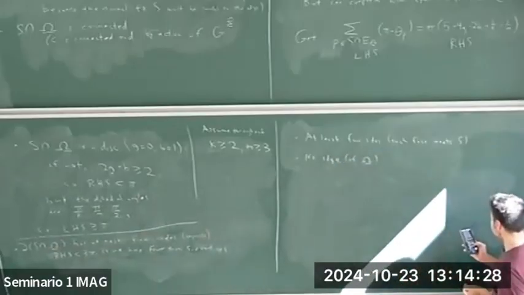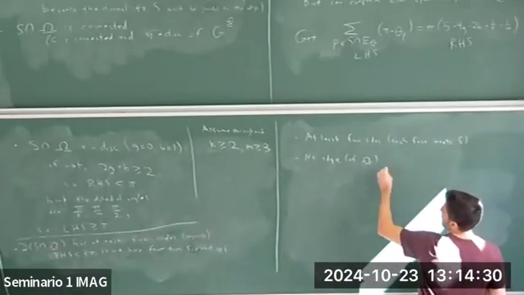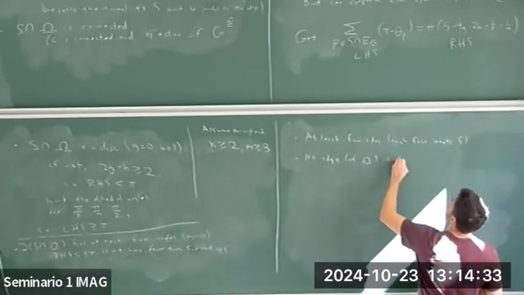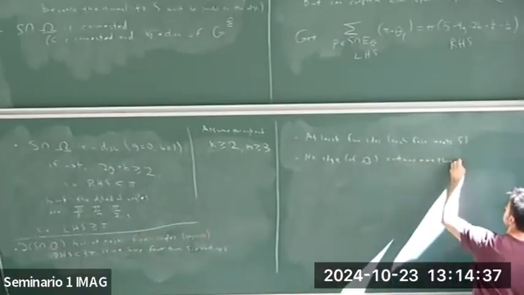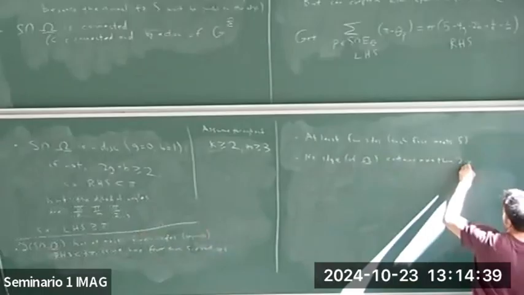We know that no edge can contain more than 2 polygon vertices.